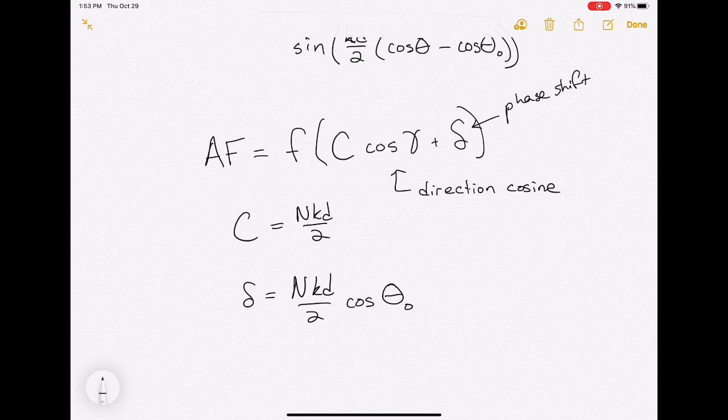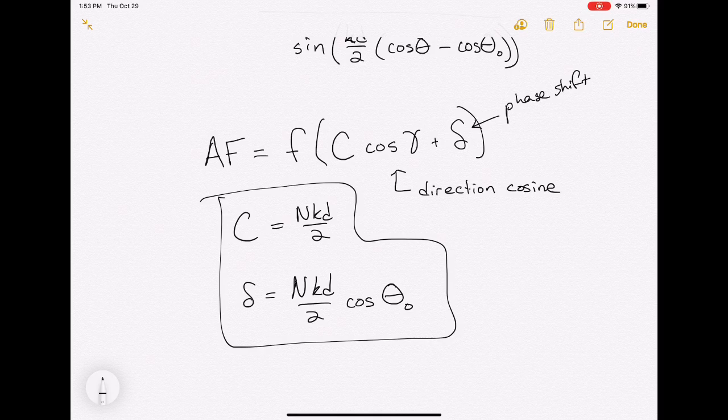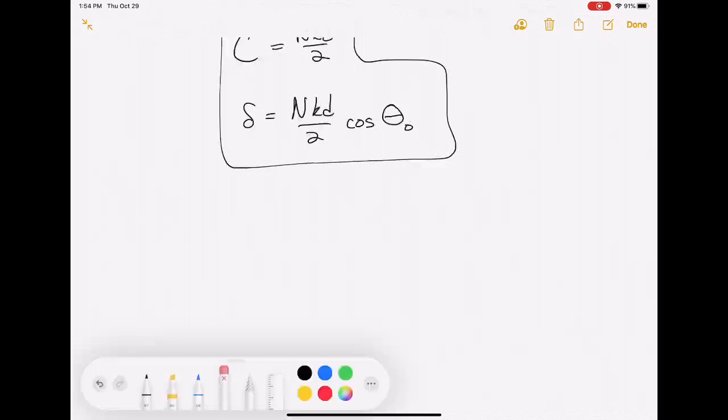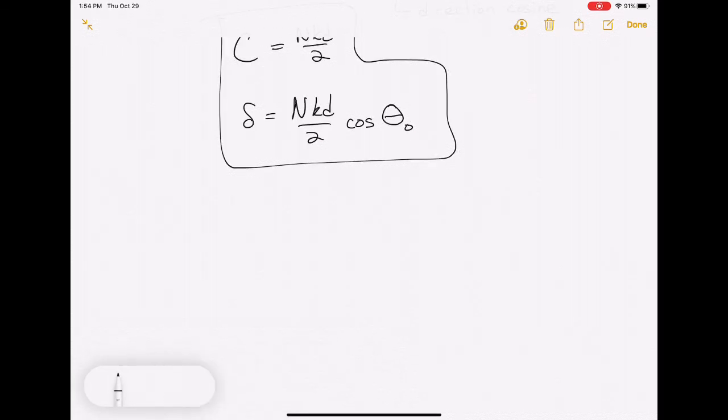Now if we take these facts and apply them again to the graphical solution, here's how you do it. You define yourself a new variable, zeta. And zeta is going to be equal to that constant times your direction cosine, plus delta.